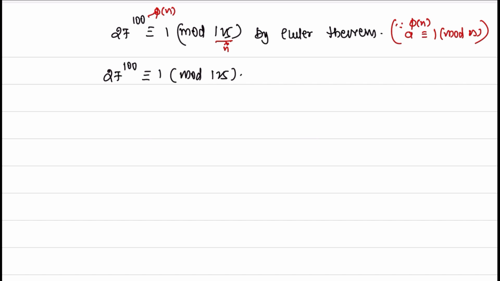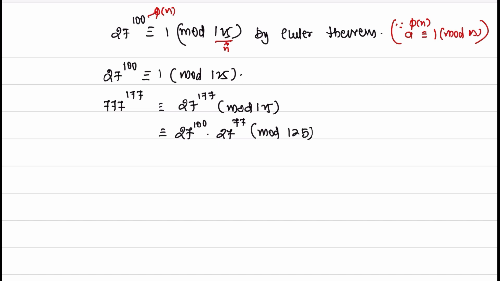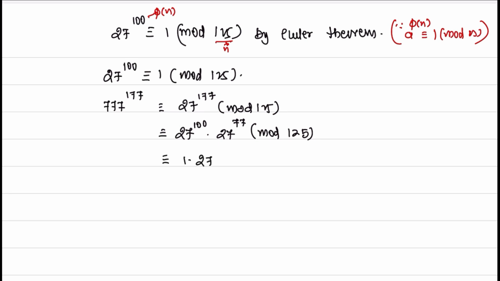Furthermore we have to calculate. 27 to the power of 177 mod 125 is equivalent to 27 to the power of 100 into 27 to the power of 77 mod 125, whereas 27 to the power of 100 is 1 mod 125, that is equal to 1 into 27 to the power of 77 mod 125.